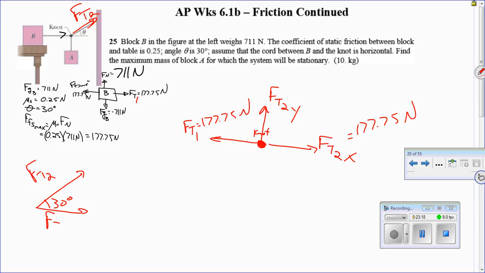We know that the force of tension 2 in the x direction is 177.75 newtons. So we can find our force of tension 2 in the y direction by using which trig function? Sine would get us the hypotenuse. Tangent will get us the opposite side. So if you find that, you get 102.62.